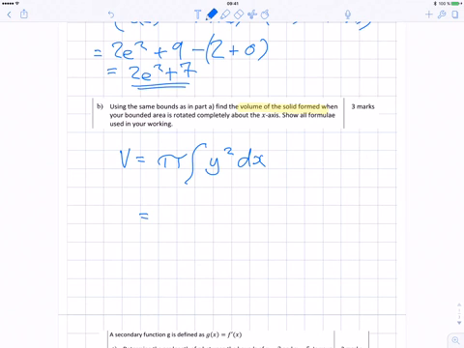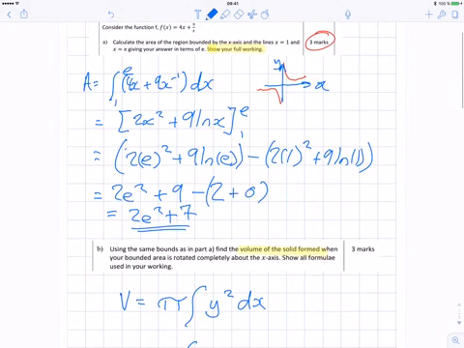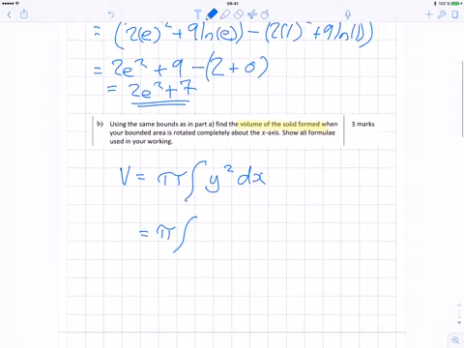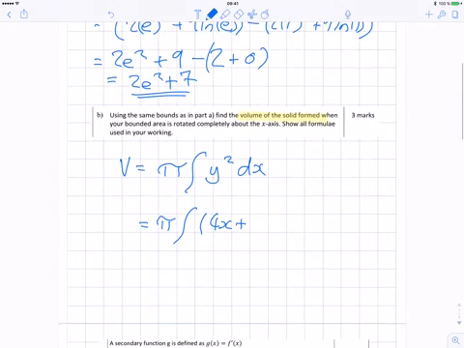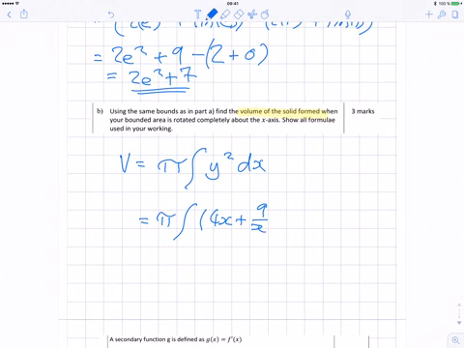So we have pi times my function, which was 4x plus 9 over x, all squared dx, and it's between 1 and e.